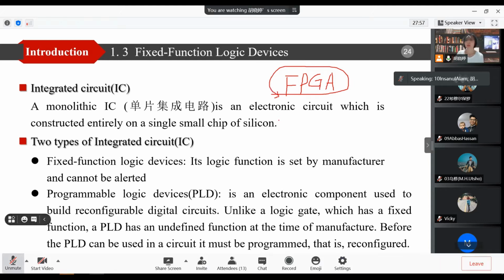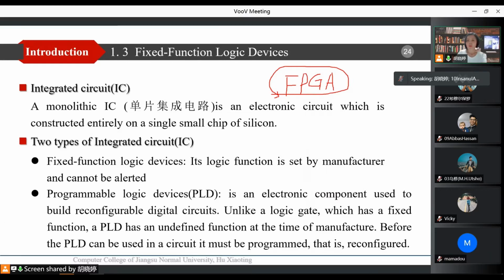In embedded systems, maybe we will use FPGA, the field programmable gate array. That means you can use this FPGA to set some function using a circuit system. So this FPGA is a kind of PLD. It's more like a PLD, useful for prototyping applications.